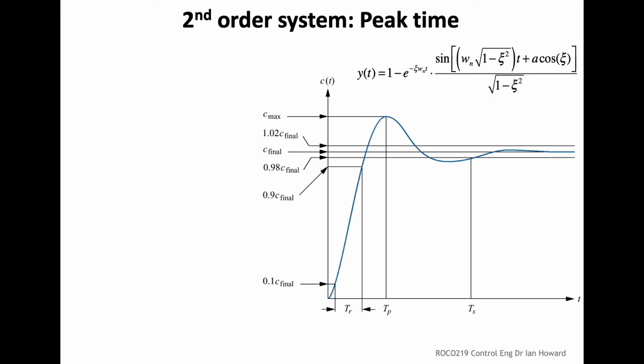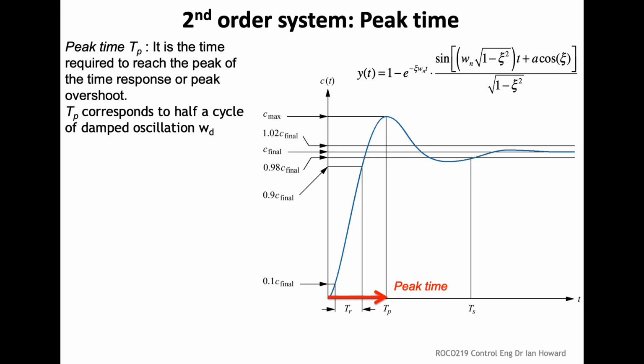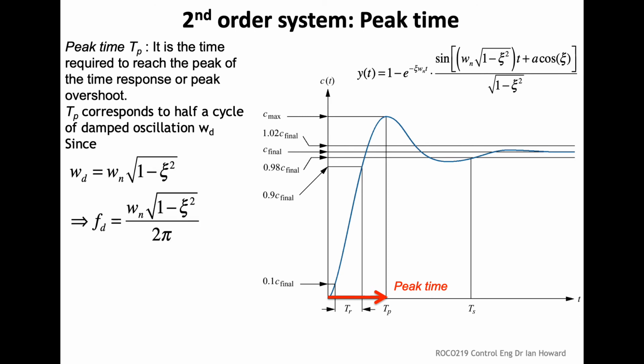The peak time is really only relevant if you've got some kind of overshoot, and it's the time it takes to get to the peak value. And if you look at the equation that we've got, it's related to half the cycle of the oscillation. So it's related to this omega n square root of 1 minus zeta squared term.